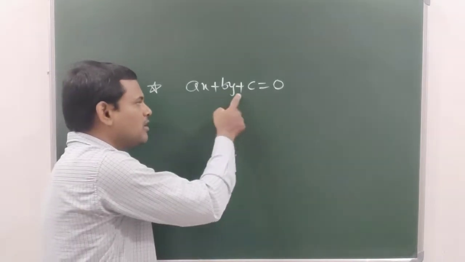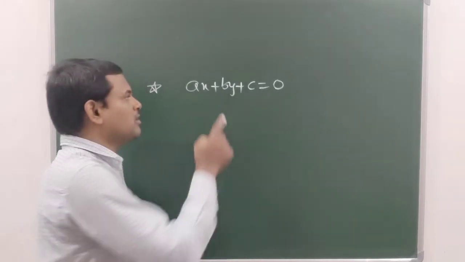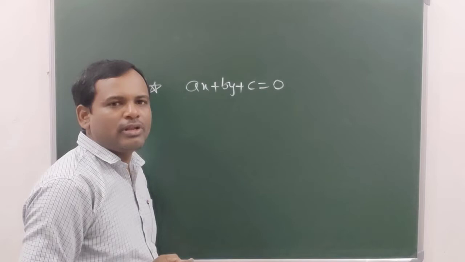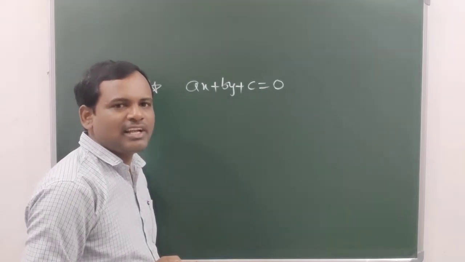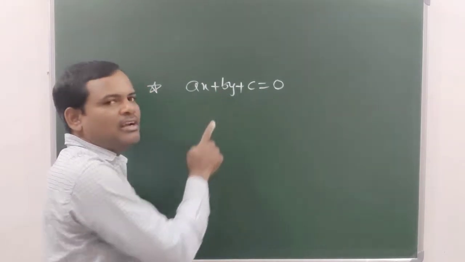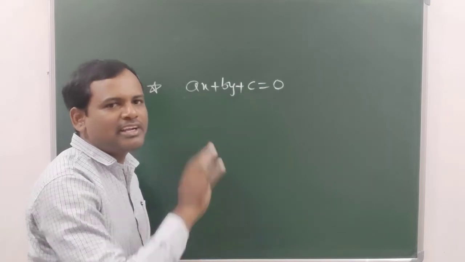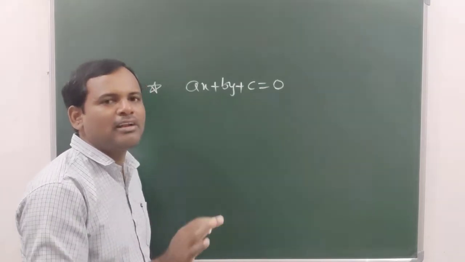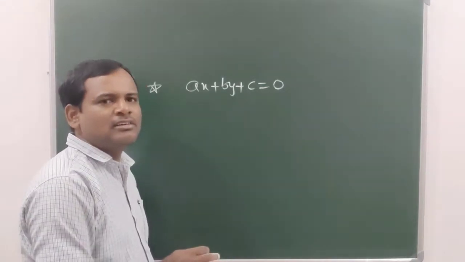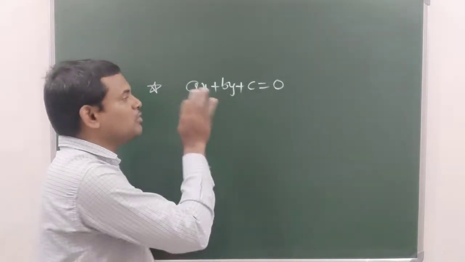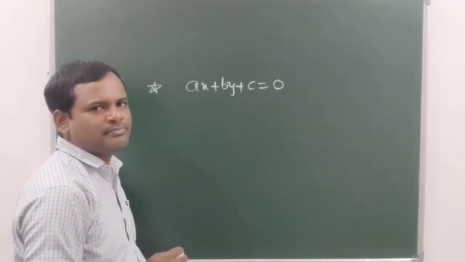As you know, the graph of this linear equation in two variables represents a straight line. If a and b are not equal to 0, then we get a straight line which is neither parallel to the x-axis nor parallel to the y-axis.